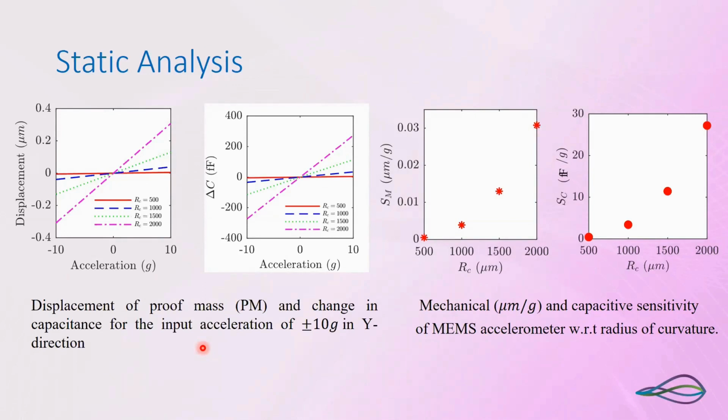However, while varying this curved beam, you can also control this displacement limit over this G, and the corresponding capacitance change that you can achieve is approximately minus 250 to 250, like 250 femtofarad. And if you design the sensitivity based on displacement and capacitance, you can see that with the increase in radius of curvature, you can increase the sensitivity.